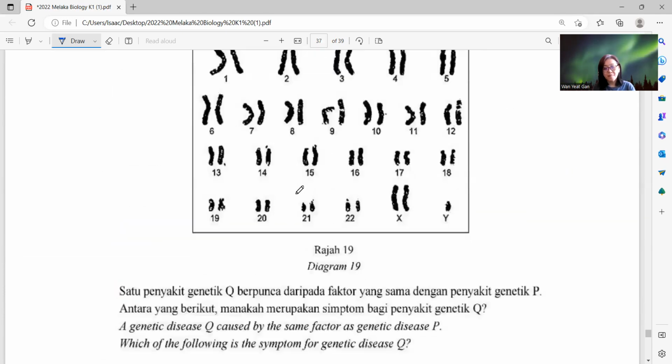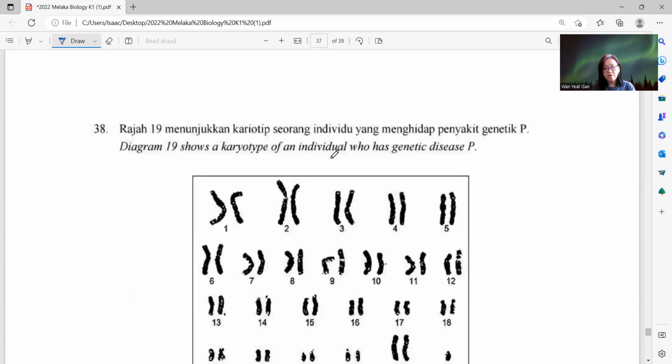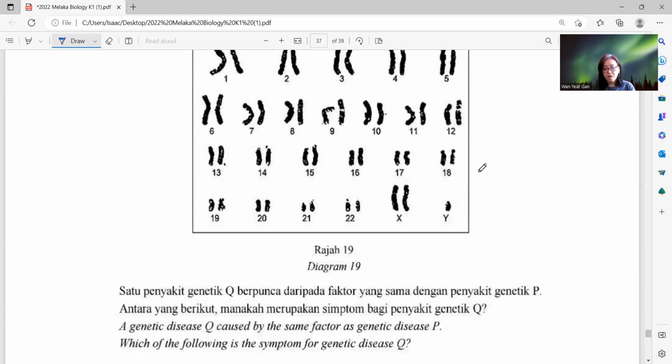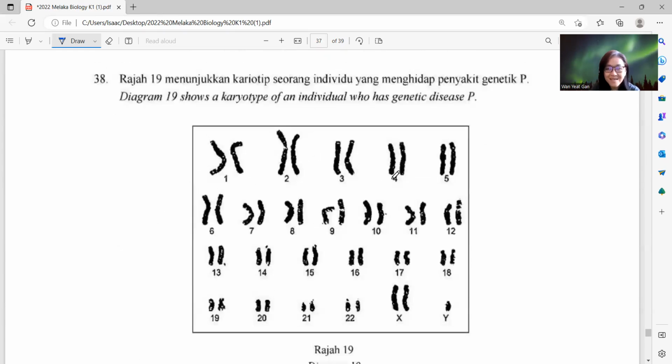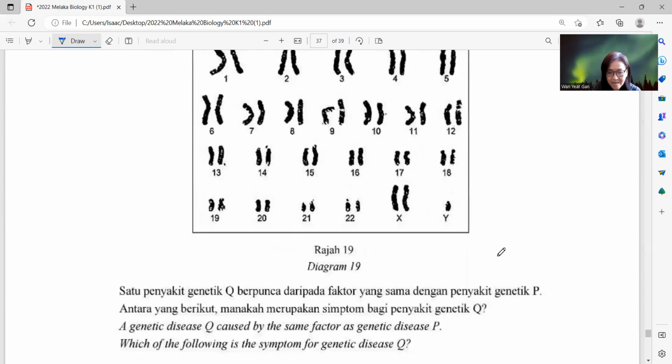38. Diagram 19 show a karyotype of an individual has genetic disease P. A genetic disease Q caused by the same factors as genetic disease P. Which of the following is a symptom for genetic disease Q? This is a disease, genetic disease P. P has XXY, okay?